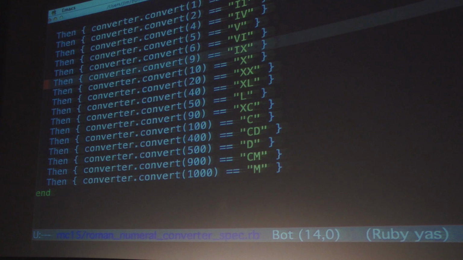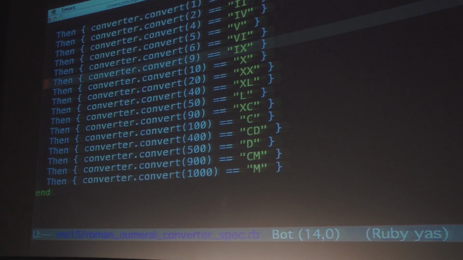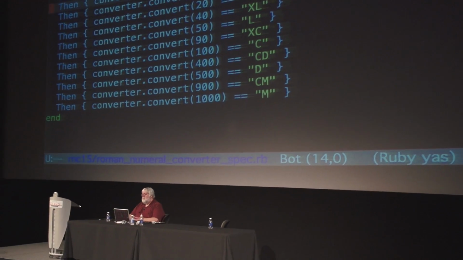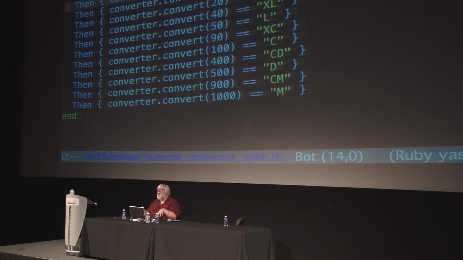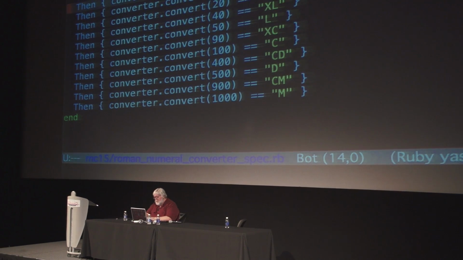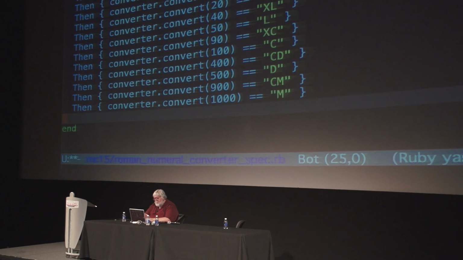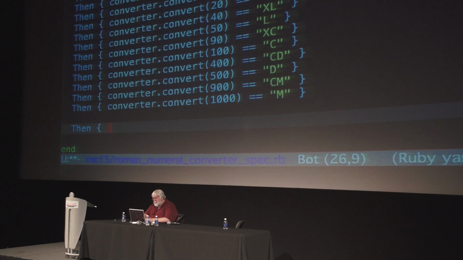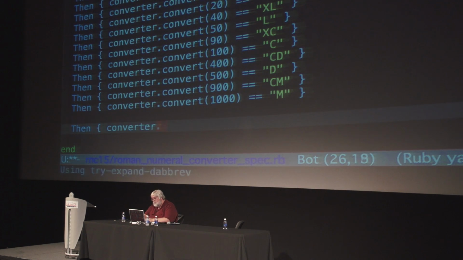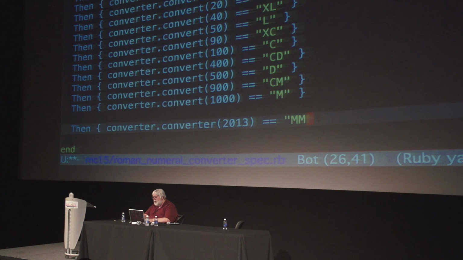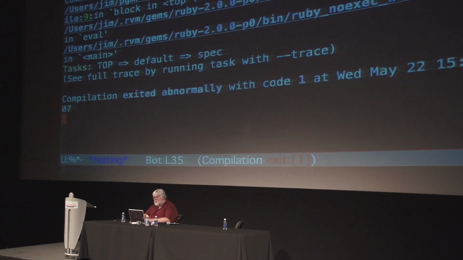Now, all these tests just hit the high points, the things that I needed to make sure were in there to complete my table. Let's check for some edge cases. I always like to convert the year because years are used a lot for Roman numerals. So this would be 2 M's, an X, and 3 I's. Oops, what failed?